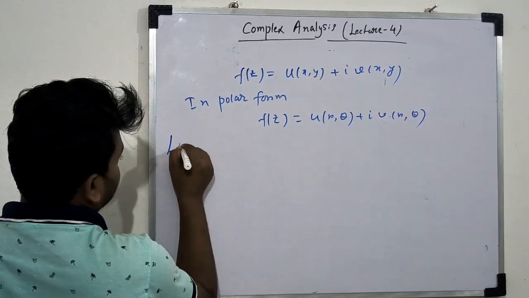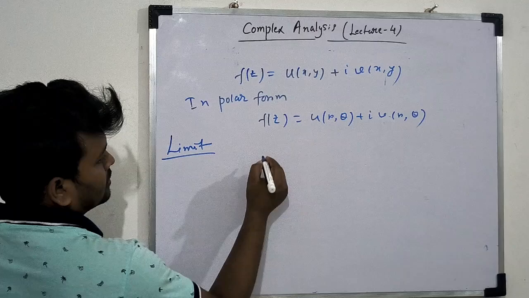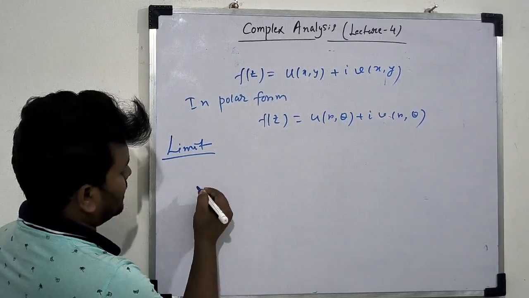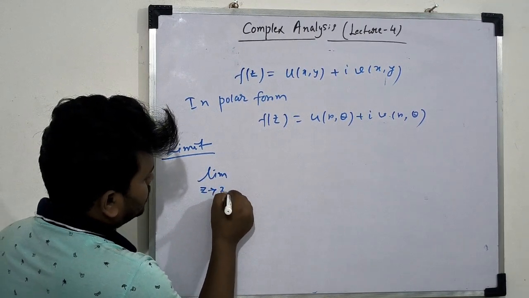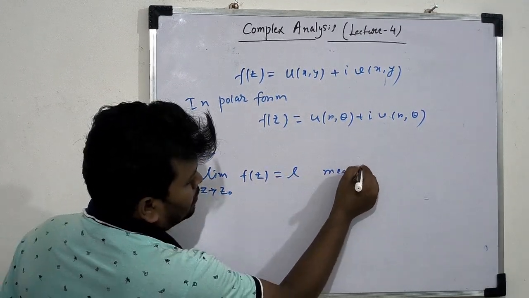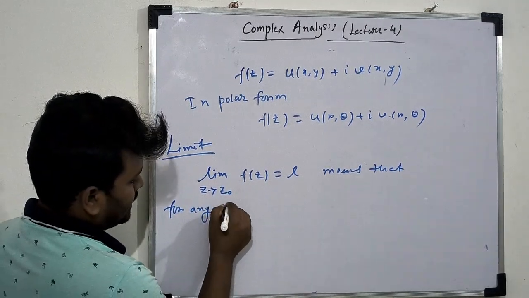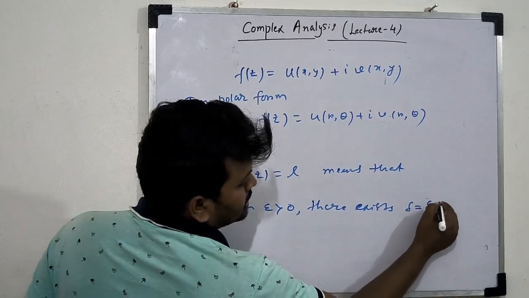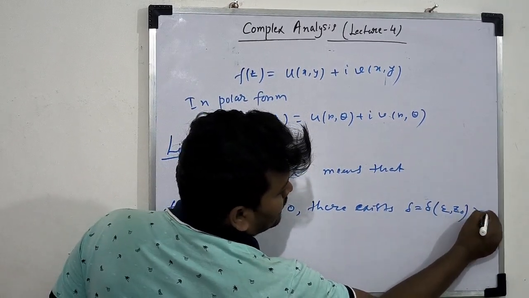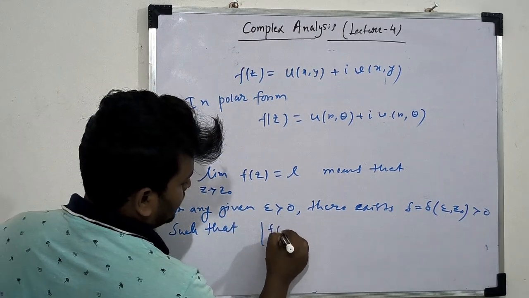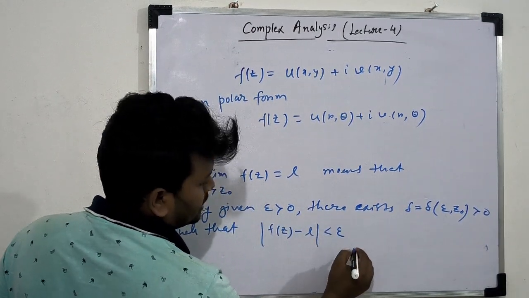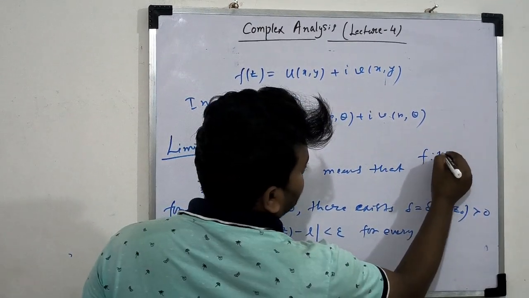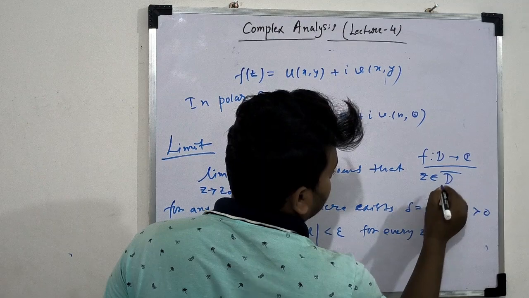Now we discuss limit. Limit is similar to that for functions of two variables in real analysis. So limits are the same, but here limit as z tends to z0 of f(z) equal to L means that for any given epsilon greater than 0, there exists delta, which depends on epsilon and z0, greater than 0 such that modulus of f(z) minus L is less than epsilon for every z belonging to D, where f is defined on D, and z belongs to D closure.